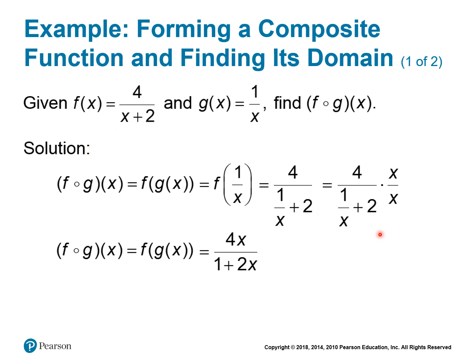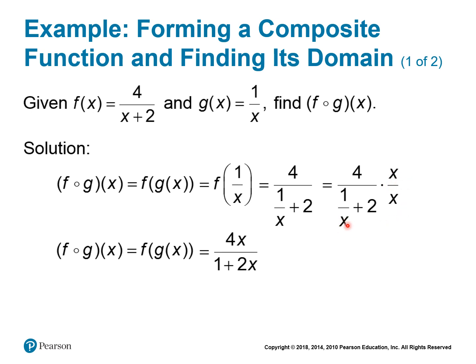Then the way they have worked through the algebra is they've got rid of this x in the denominator, and the way you get rid of a denominator is to take the LCD, the least common denominator, and multiply all the terms by that least common denominator.